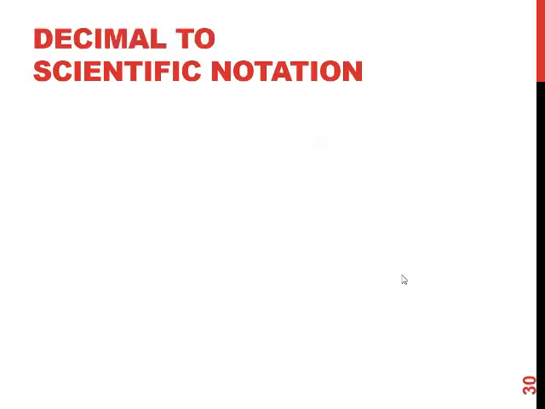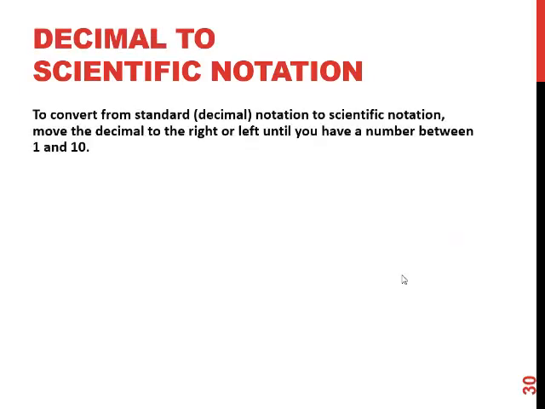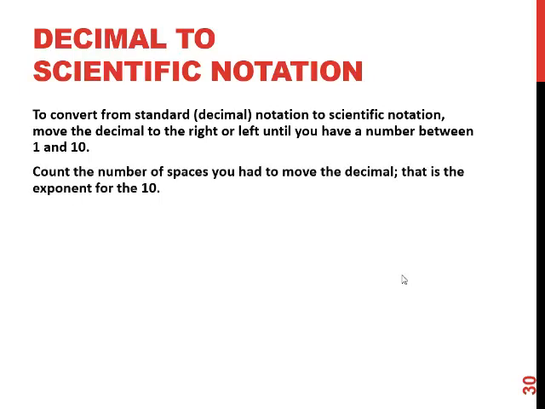To convert from decimal to scientific notation, we're going to move the decimal to the left or the right until we have the number between 1 and 10 that we want. We're going to count how many times we had to move the decimal, and that will be the exponent for the 10.